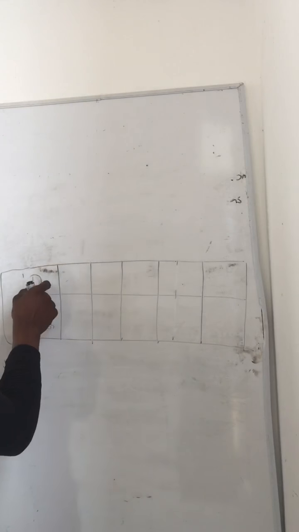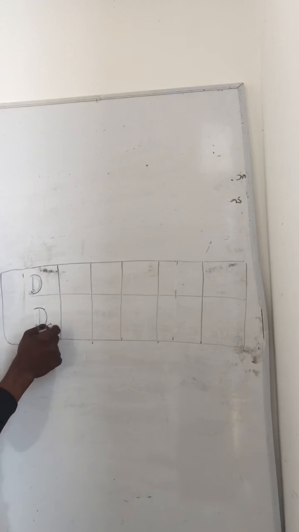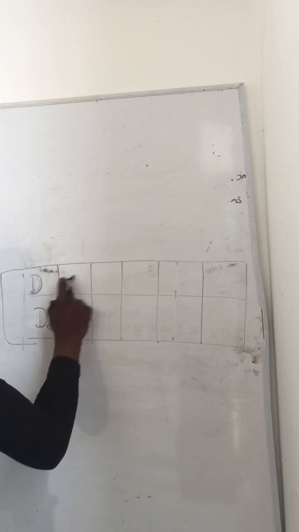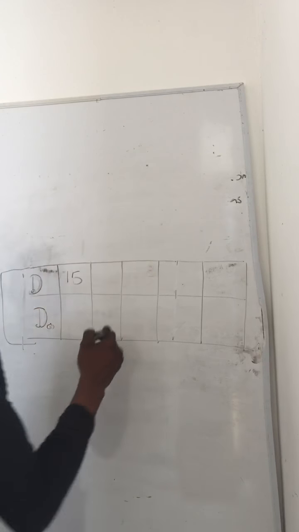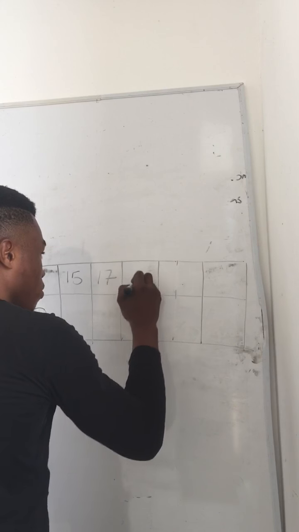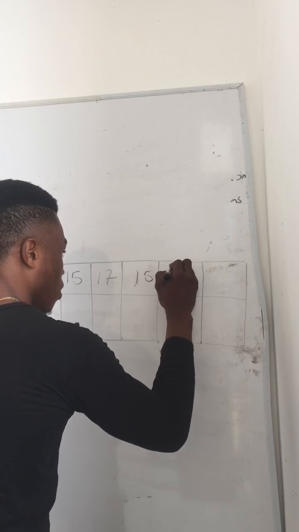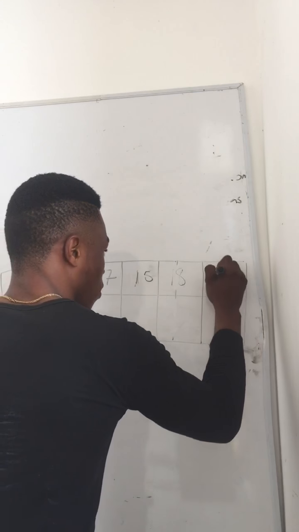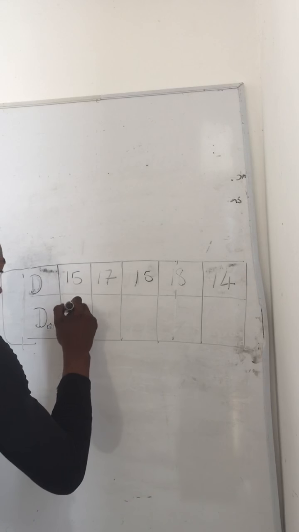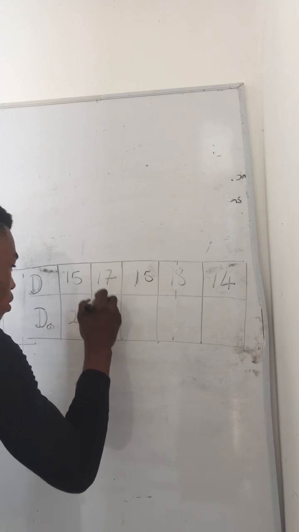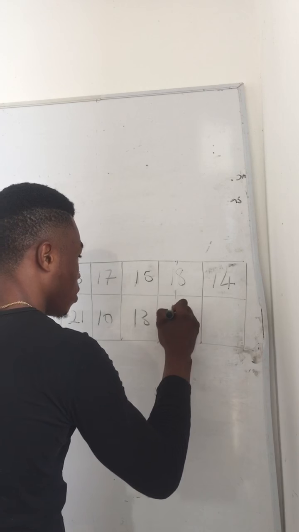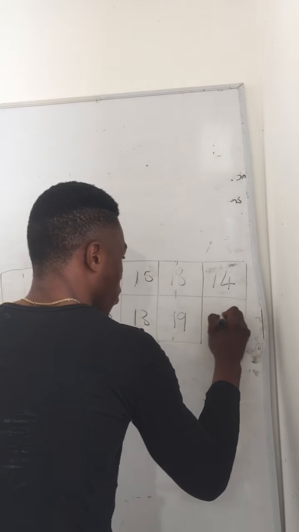D represents our dewormed group, and D naught our undewormed group. For the dewormed we obtained 15, 17, 10, 18, 14. Now for the undewormed, we obtained 21, 10, 13, 19, and 20.